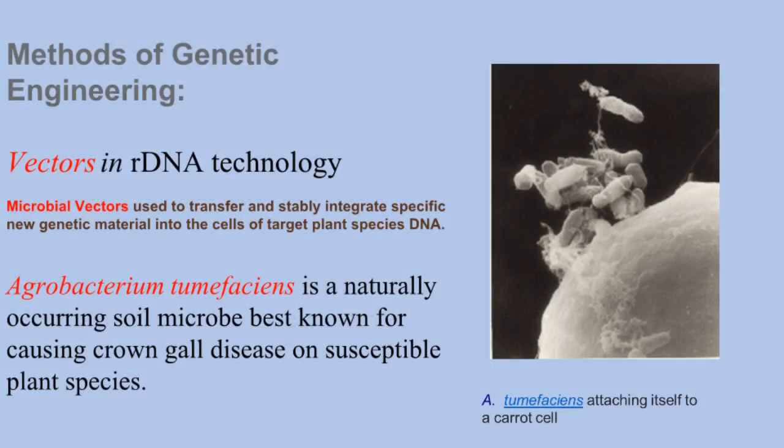Methods of genetic engineering. Vectors in recombinant DNA technology. Microbial vectors are used to transfer and stably integrate specific new genetic material into the cells of target plant species. Agrobacterium tumefaciens is a naturally occurring soil microbe best known for causing crown gall disease on susceptible plant species.